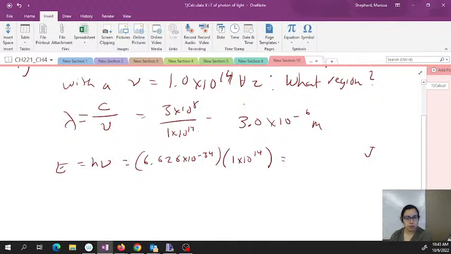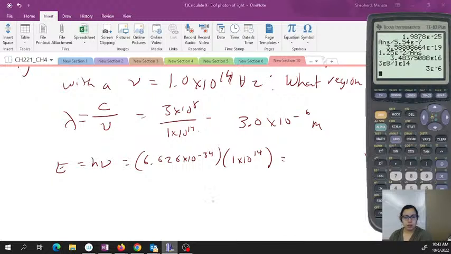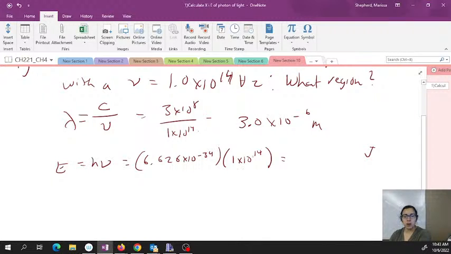Actually, you don't need a calculator, you can just add, right? This is just times 1, so just add negative 34 plus 14. What does that give you? 6.6 times 10 to the negative 20. So 6.6 times 10 to the negative 20 joules.